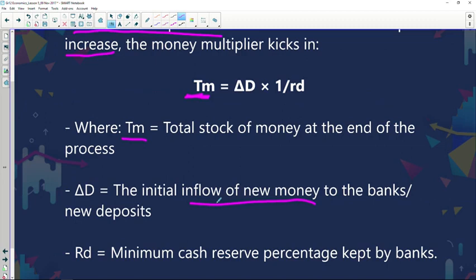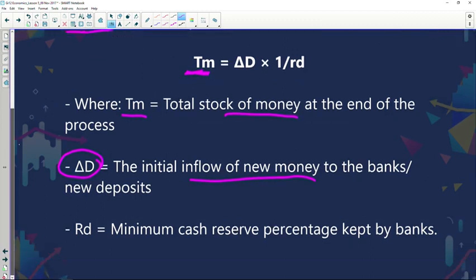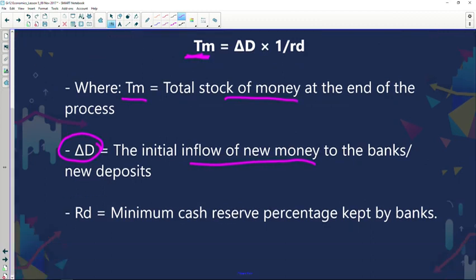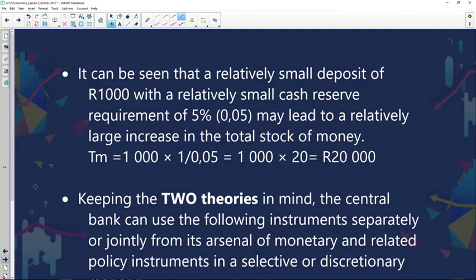So there is a relationship between total stock of money and the aggregate demand, which is based on the initial inflow of new money to the banks and the new deposits, and then obviously the minimum cash reserve percentage, which is kept by commercial banks.